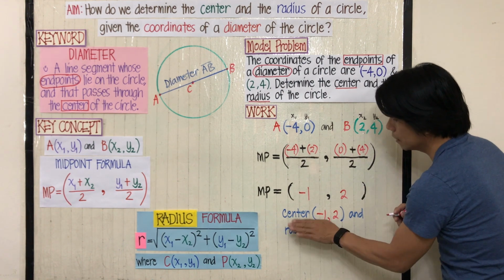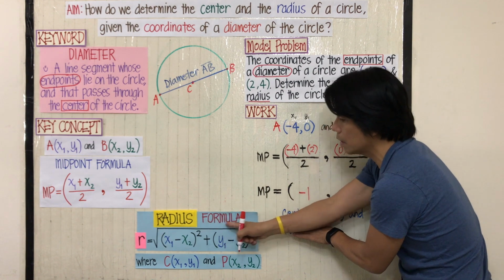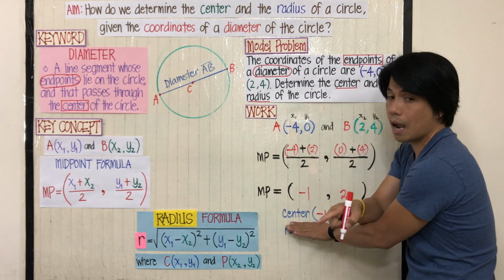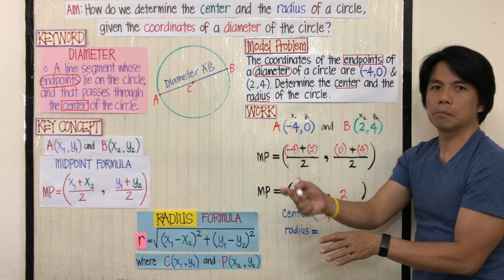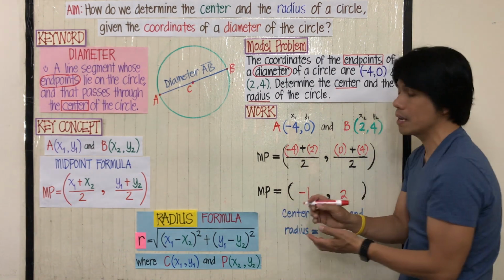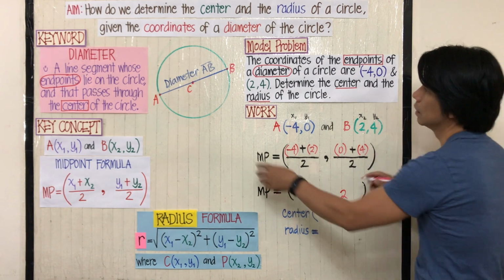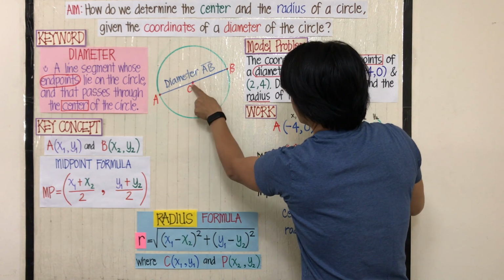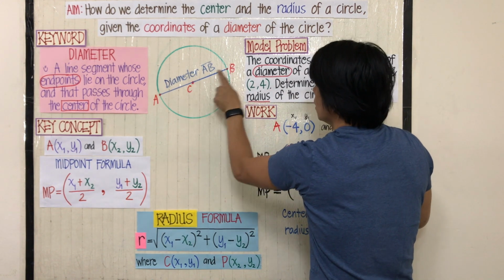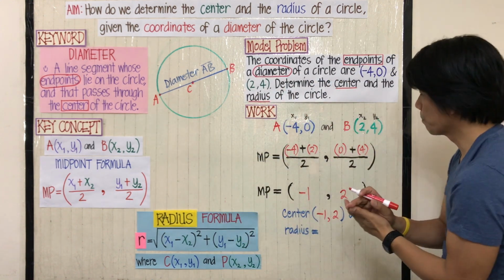Now, how do you find the radius? The radius is found using the radius formula. I want you to check out the links below. I'm going to attach the lesson where I discussed how to find the radius using a center and a point on the circle. To illustrate, using a center and a point on the circle, it could be C and B or C and A, either or. Alright?